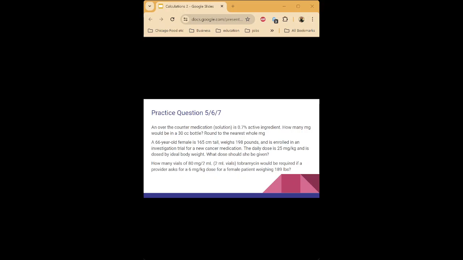Now, because we know that it's 80 mg per 2 mils, we'll take that 514 and if it's 80 mgs for 2 mil, that means that for every one, it's going to be 40 mgs. So we will take 514 mgs and we will divide it by, there's two ways to do this.